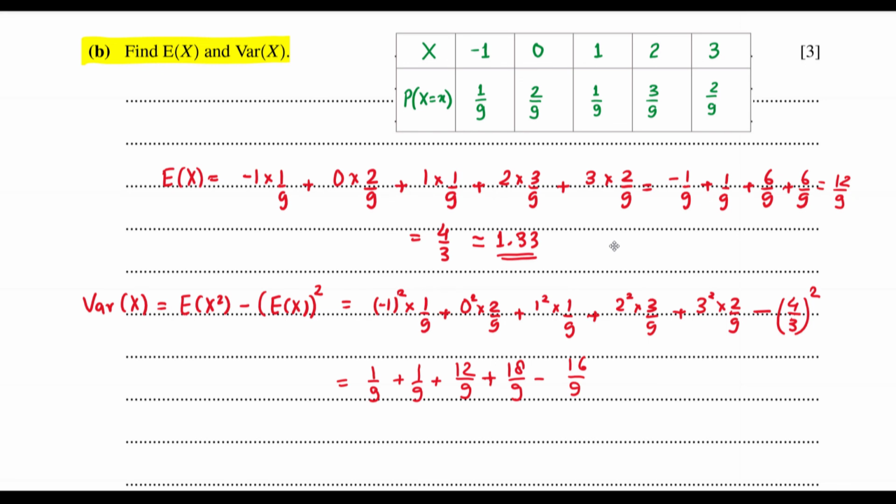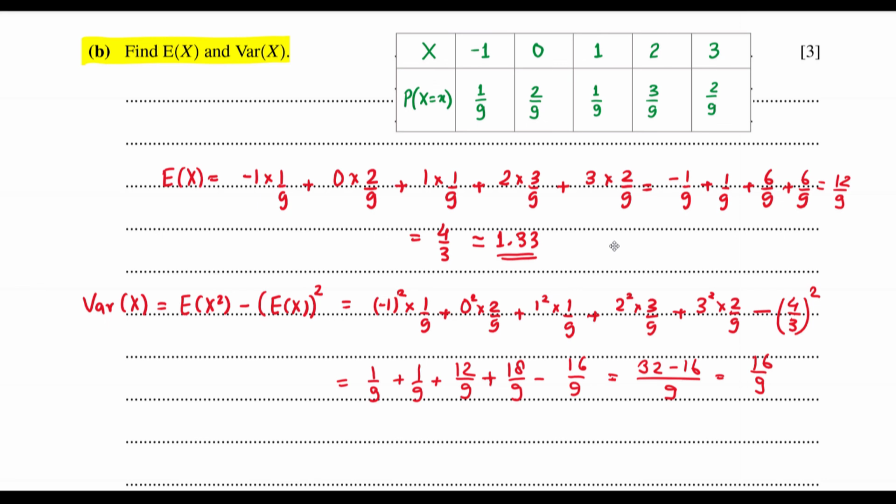So we can calculate either by calculator or it's simple here. So 1 plus 1 is 2 plus 12 is 14, 14 and 18 is 32 upon 9, and here it is 16, so minus 16 upon 9. So finally we got it as 16 upon 9, and that's the variance.